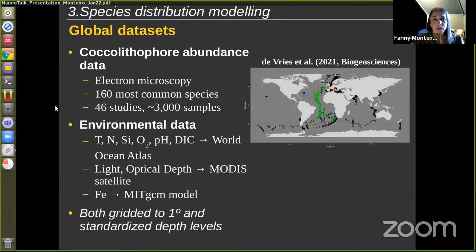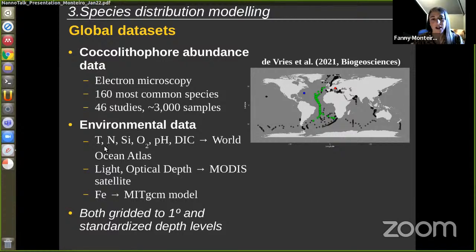So we included the 160 most common species and 46 studies, equivalent to 3,000 samples. It looks a bit like the MAREDAT, but there's a bit less, but it's got high resolution data. In green is the AMT, in blue is BATS, in red is the Adriatic time series, and in black and gray is the rest of the data.